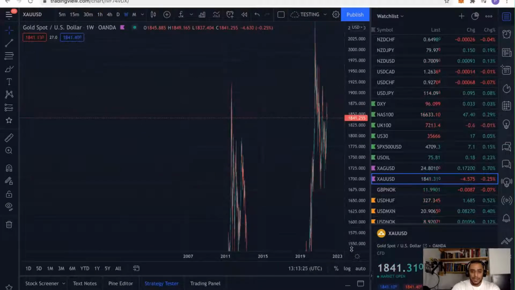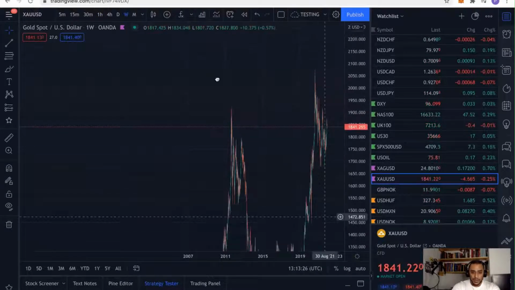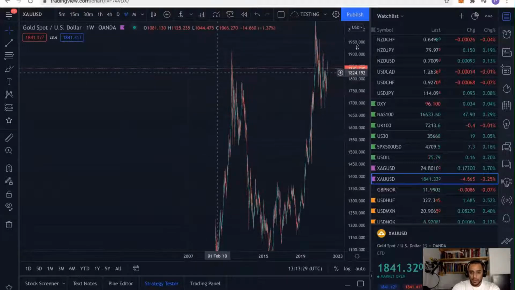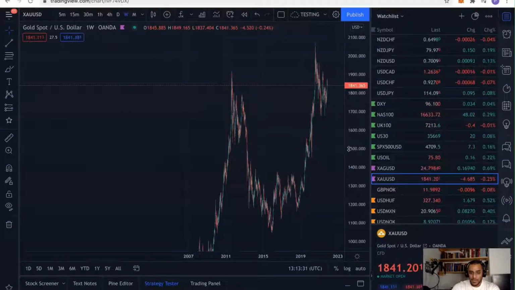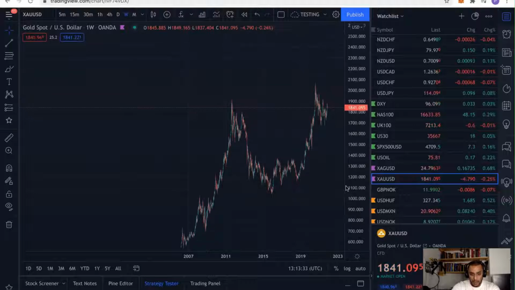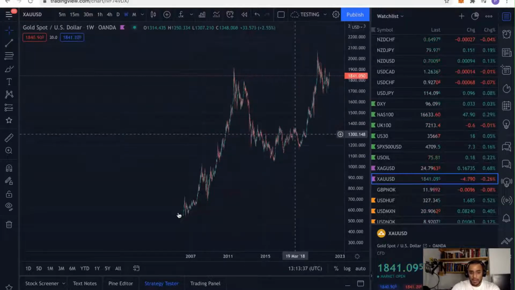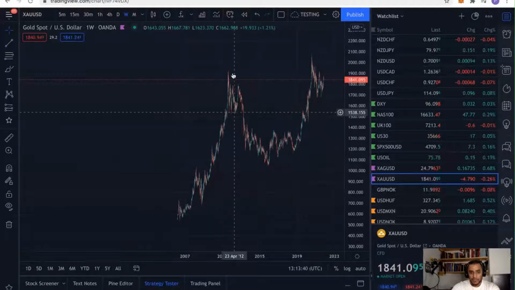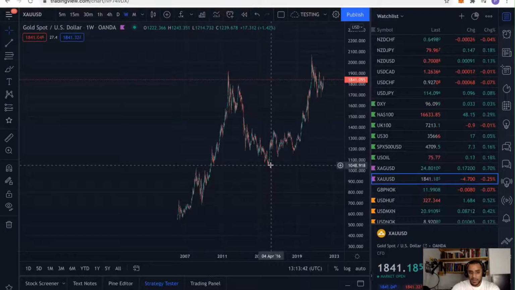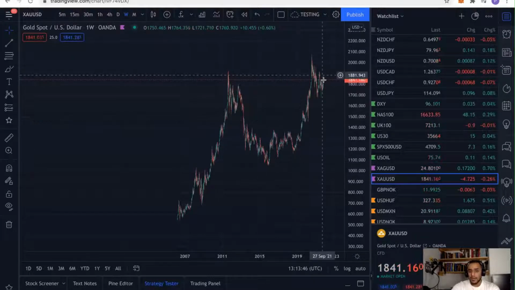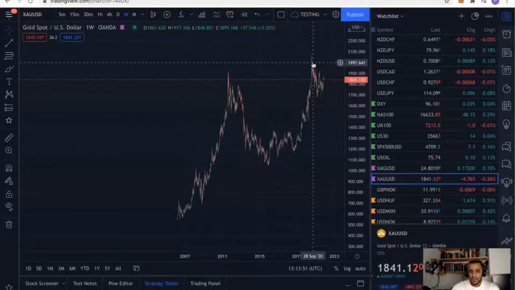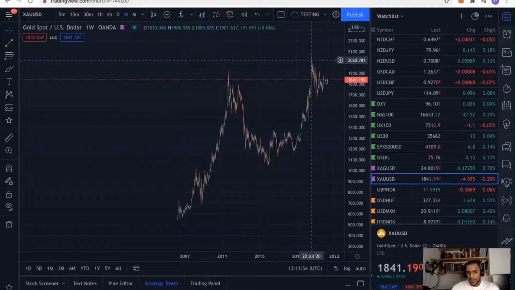Anyone who hasn't had a look at gold on a bigger time frame, I always highly advise seeing exactly where you are in the market. Way back in 2007, the market has been in a continuous bullish movement. We've had a full retrace back to key supports, and then it's carried on. Even early this year, we've seen gold reach up to the 2000s of last year. So gold's back at 1841.